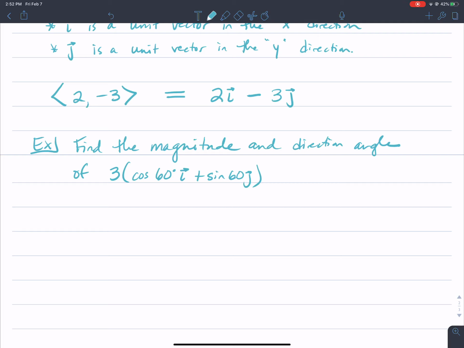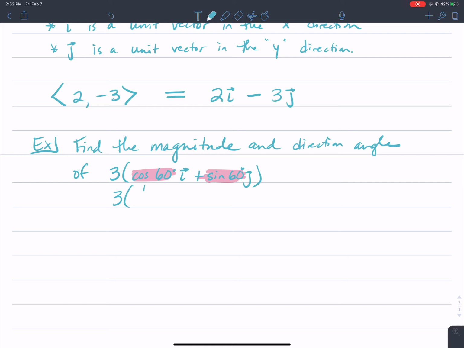So the first thing I would do is simplify that stuff. So cosine 60, you should know what that is. And sine 60, you should know what that is. So I would simplify this whole thing and not have it look all gross.